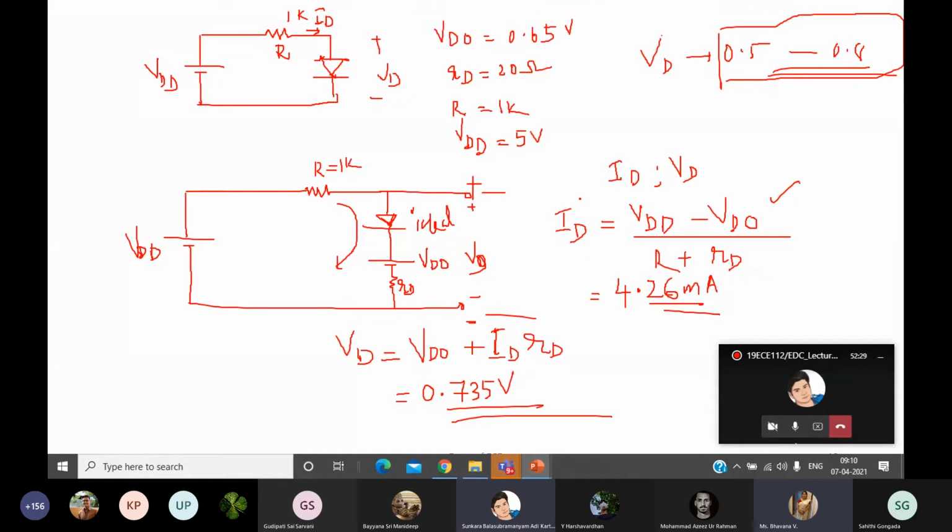So we are connecting in parallel, right? If you take a multimeter, positive over here and negative over here, whatever drop you have here, the same thing you will get displayed in the multimeter. So it is equal to VD0 plus ID into RD. If both of them are not there and you have only the diode, then the drop will be equal to 0 because this will be short circuited.